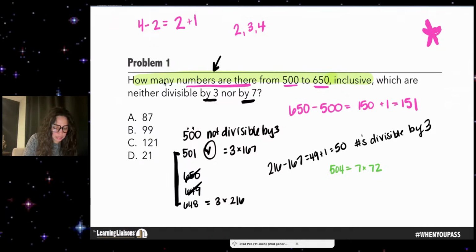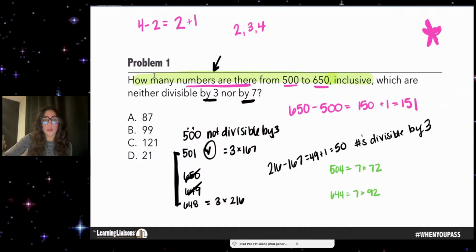Now 650, is it divisible by 7? 649, 648, 647, 646, 645, 644. 644 is divisible by 7, and it is 92. And I'm just using my 4-function calculator to calculate all of this.